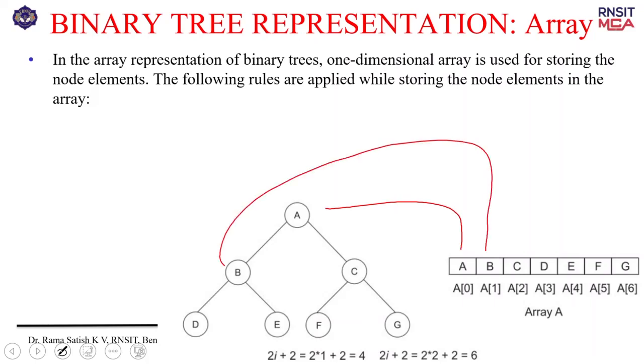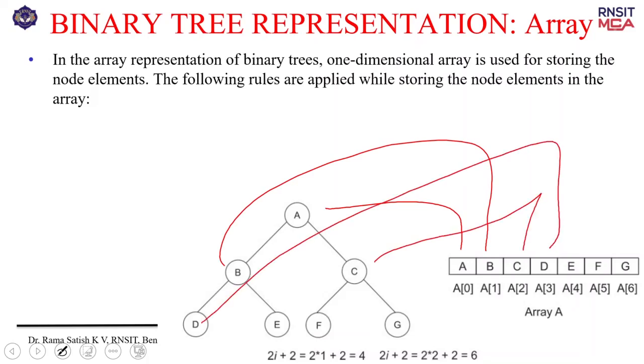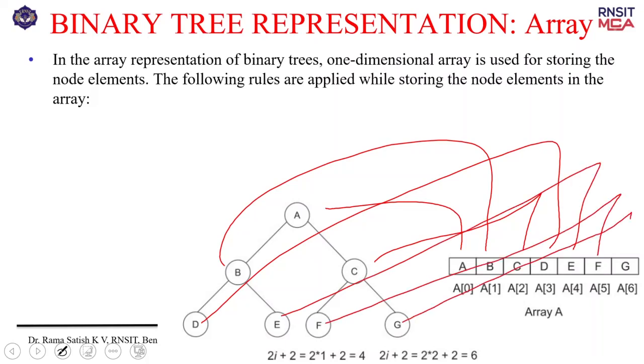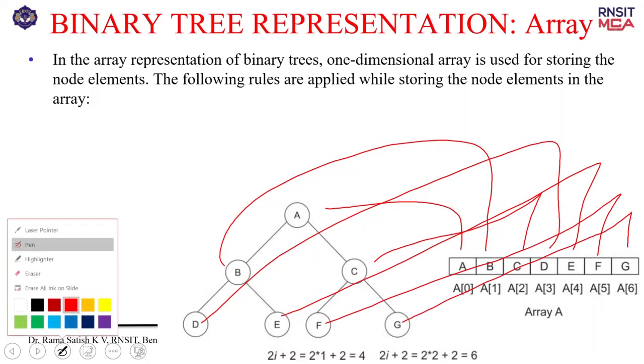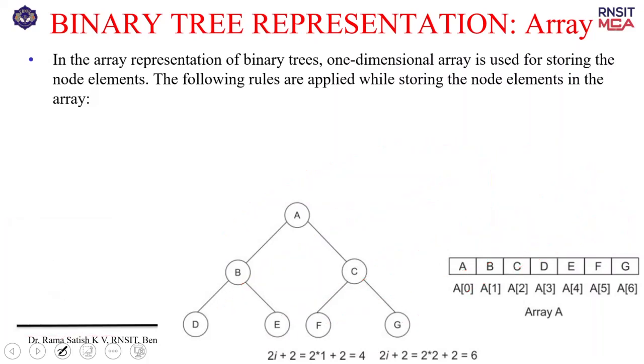B is stored in the next, C in the next, same way D, next E, next F and H. Definitely they are represented like this. The leaves, intermediate nodes and root are stored in the array and it is represented like this.